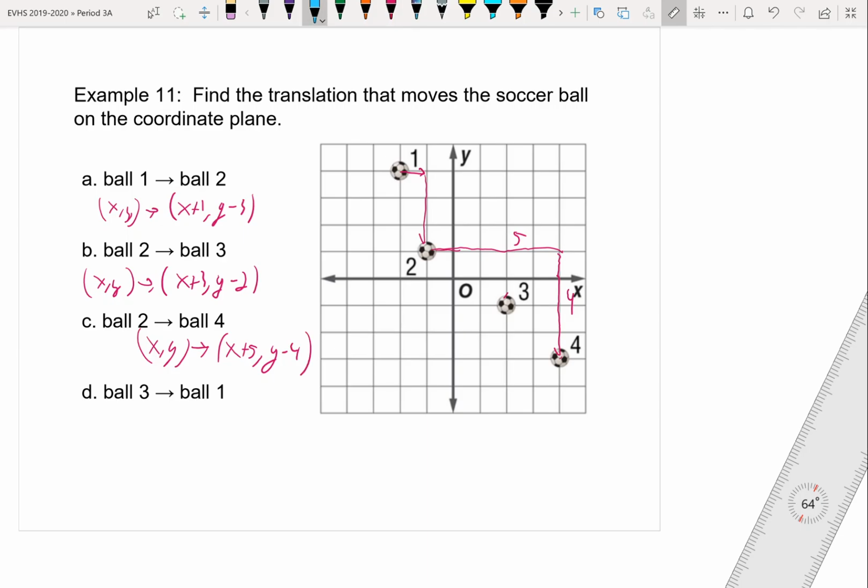And then to go from ball 3 to ball 1, looks like I'm going to be traveling to the left by 1, 2, 3, 4. Then up by 1, 2, 3, 4, 5. So that is xy goes to x minus 4 and then y plus 5.